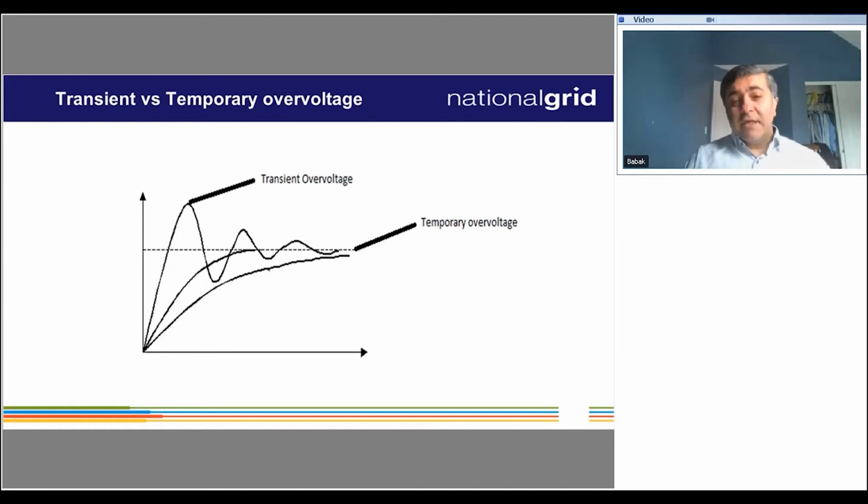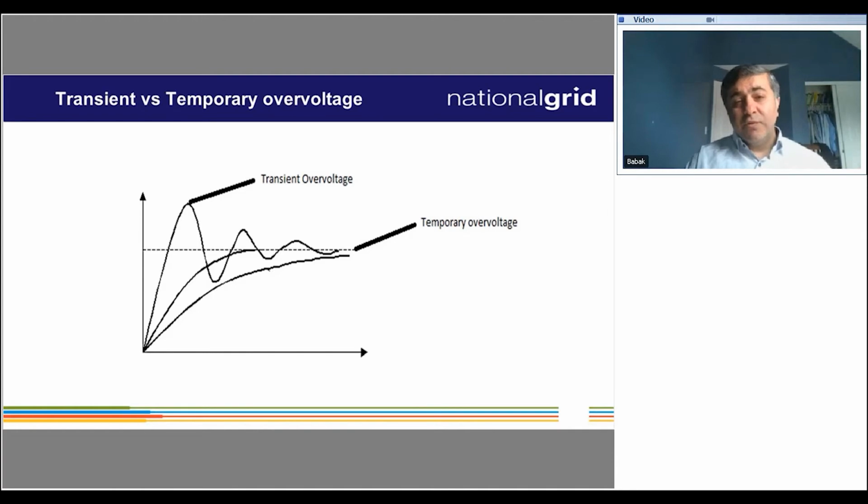The first terminology is called transient overvoltage. Transient overvoltage is basically the maximum instantaneous voltage at the first overshoot when the voltage changes. Your voltage will never go from one magnitude to another without any oscillations. Depending on how stiff your system is, there will be some oscillations.